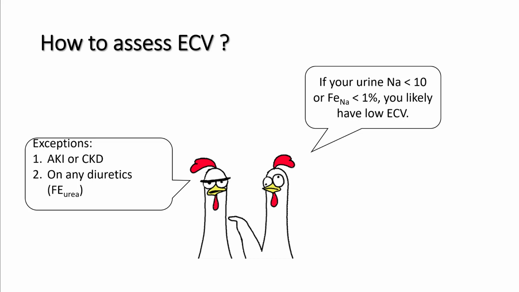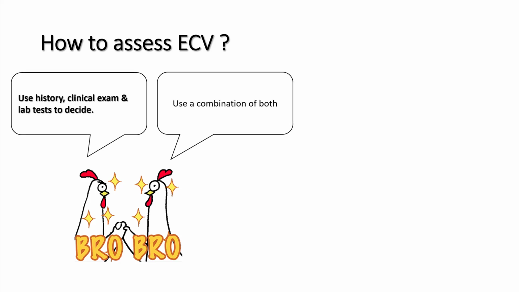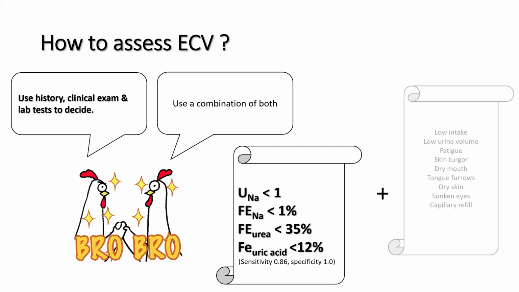You can use FeUrea if the patient is on diuretics. Hence, for more accurate assessment of ECV, combine historical and clinical exam data along with lab tests such as urine sodium, FeNa, FeUrea, or FeUric acid.